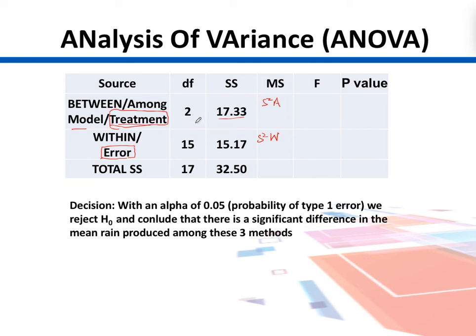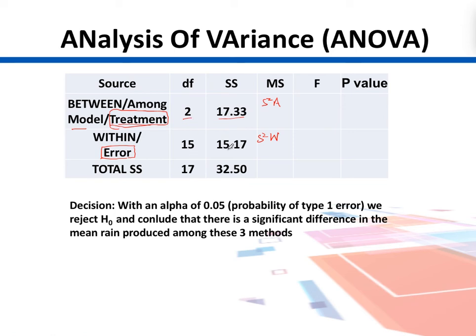So the total sum of square which we get for this term we divide by the total number of degrees of freedom we have. Since we are dealing with samples, we divide by the respective degrees of freedom. Degrees of freedom for treatment is 2, sum of square is 17.3, so mean square is 17.3 divided by 2.